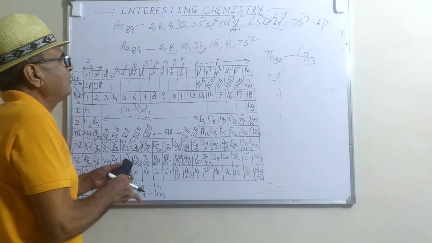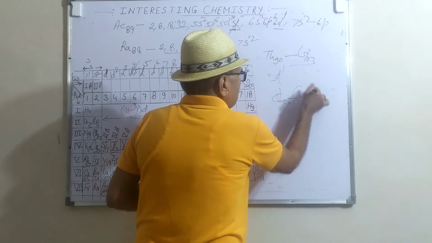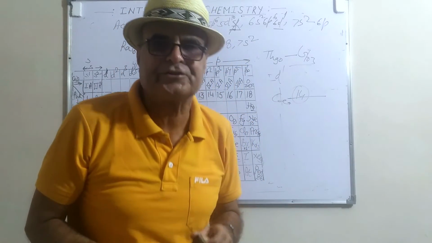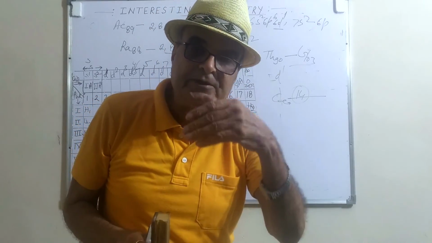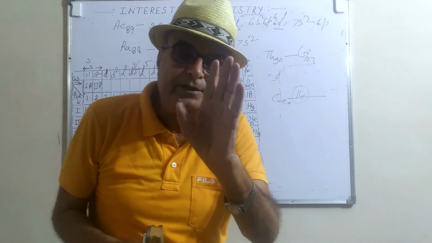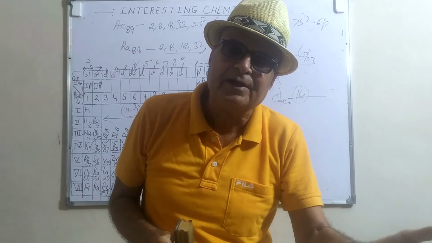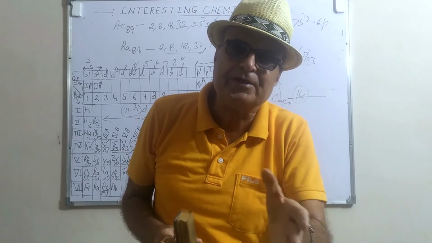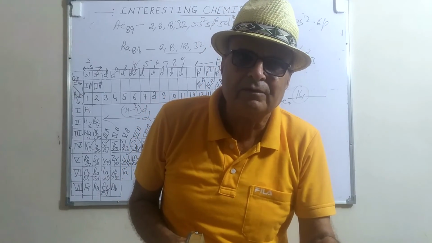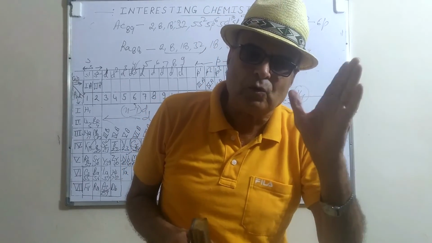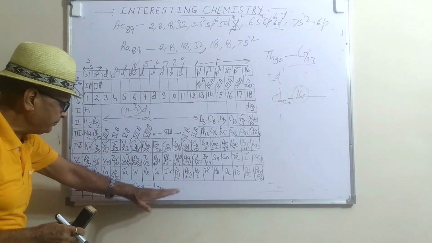The 14 elements after lanthanum are called lanthanides, and the 14 elements after actinium are called actinides. These lanthanides and actinides are written under the periodic table.